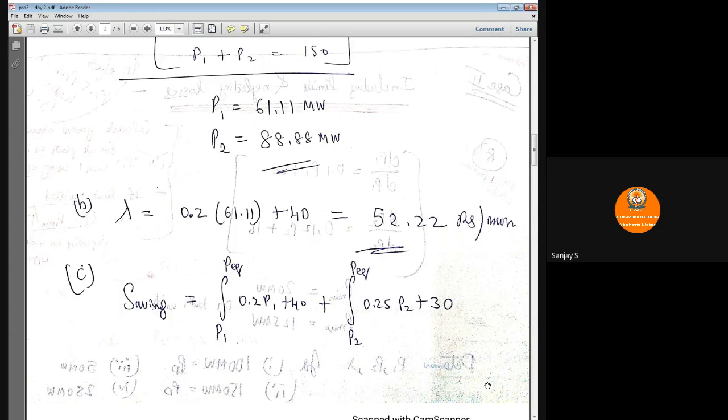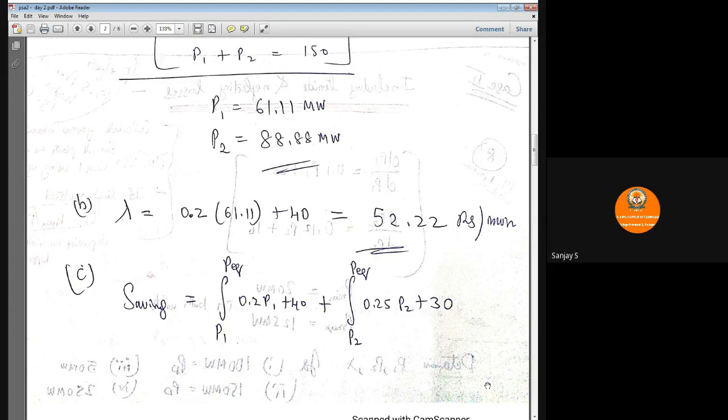It is given by the integral with lower limit P1 and upper limit P equal, where P equal means the equal load sharing value, of dC1 by dP1 dP1, plus the integral with lower limit P2 and upper limit equal load sharing value of dC2 by dP2 dP2.